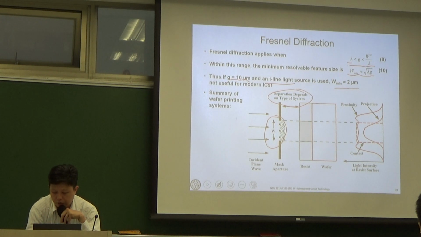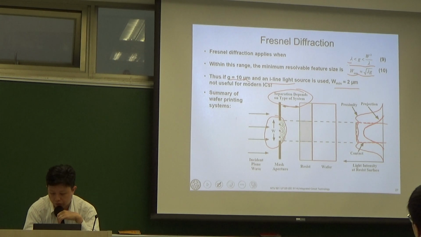Okay, so the contact system will create a very similar pattern as the one you have on your mask. And for the projection, the resolution depends on your system, but it still gives you very good resolution. But not as good as your contact, but it's good enough.